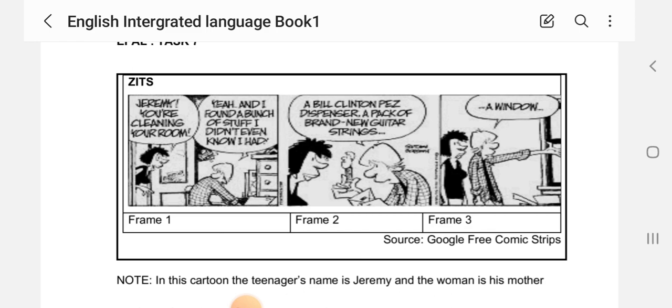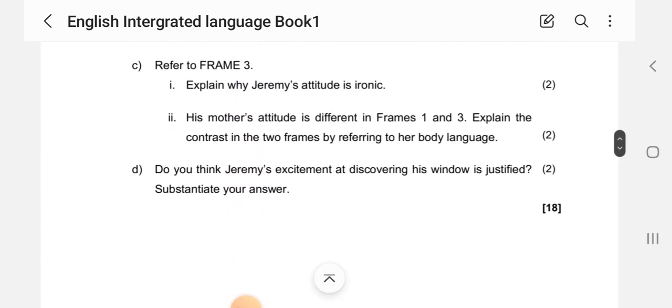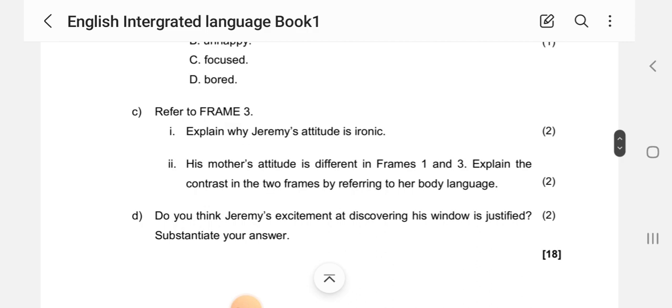You have to be able to answer what the contrast is, like what the change is. That is what you need to answer there.